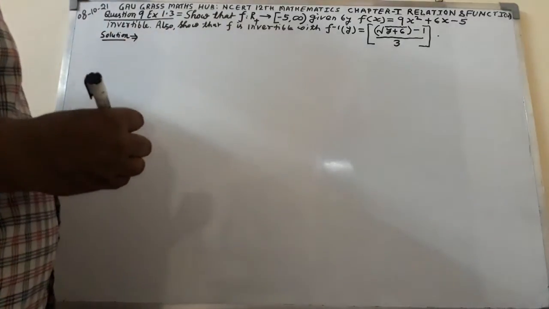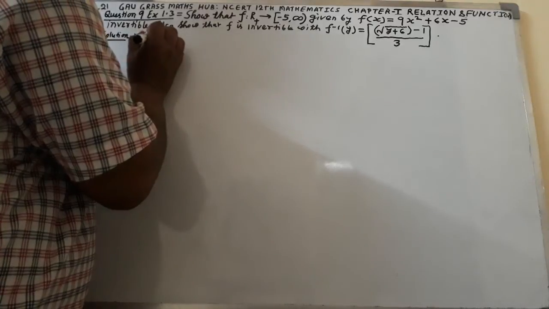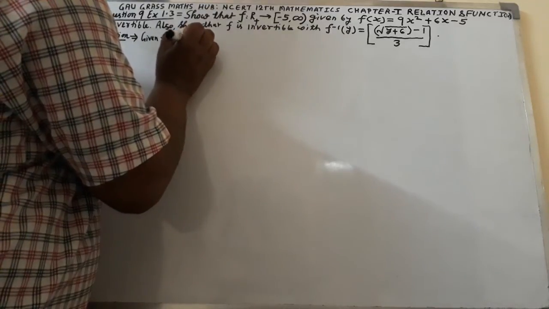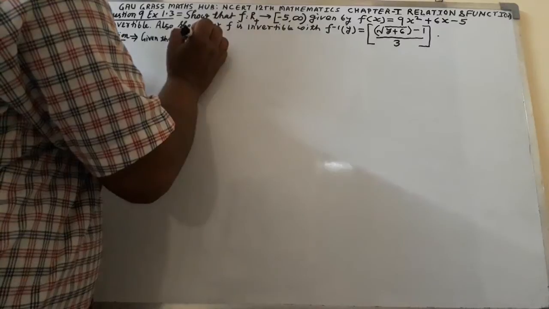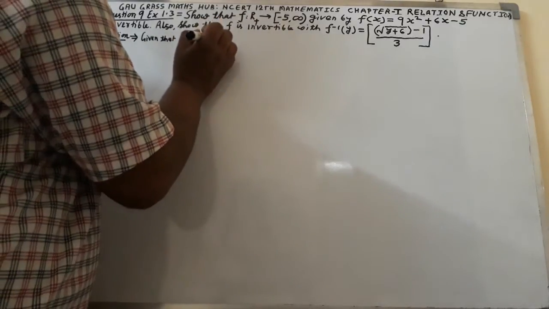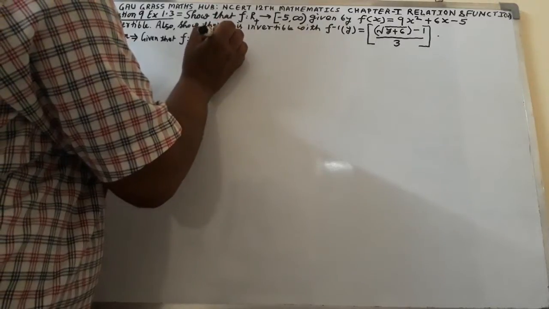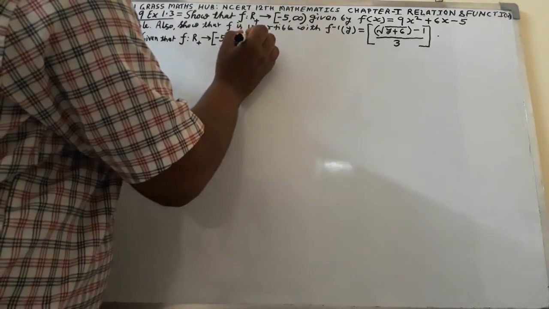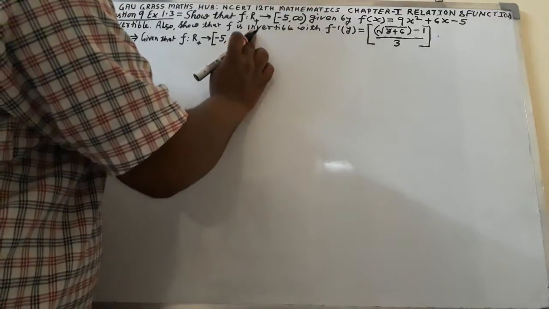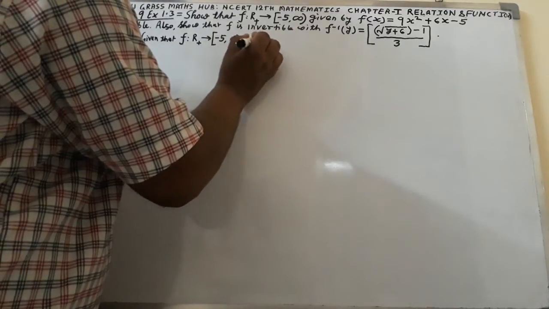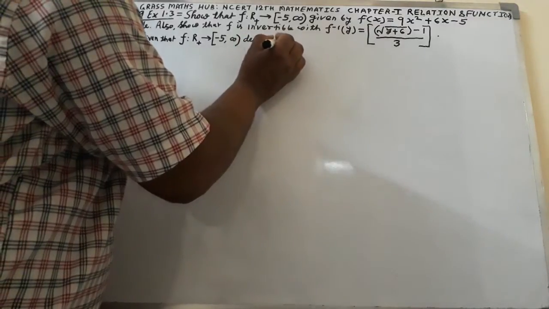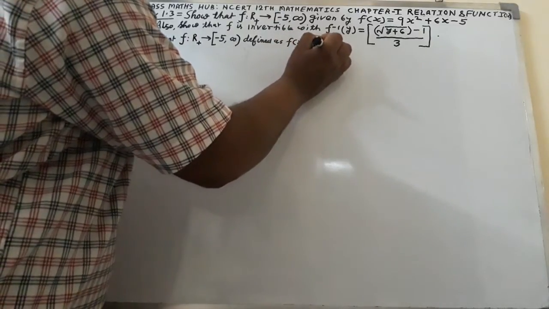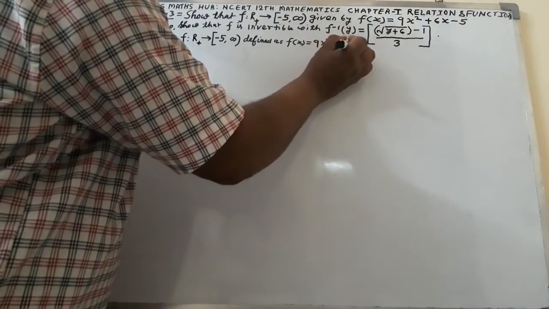Here I shall write, given that f is from R plus, the set of positive real numbers, to the closed interval minus 5 comma infinity, open interval, defined as f of x equal to 9x square plus 6x minus 5.